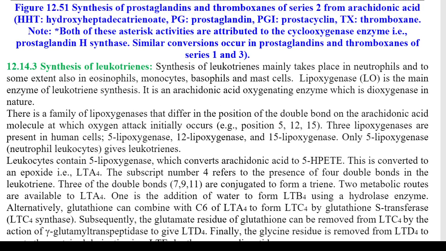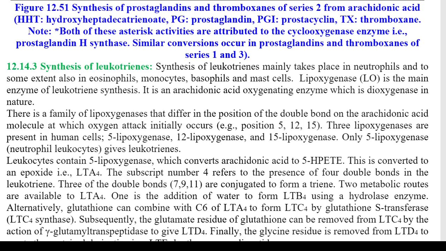There is a family of lipoxygenases that differ in the position of the double bond on the arachidonic acid molecule at which oxygen attack initially occurs, example position 5, 12, 15. 3 lipoxygenases are present in human cells: 5 lipoxygenase, 12 lipoxygenase, and 15 lipoxygenase. Only 5 lipoxygenase, in neutrophil leukocytes, gives leukotrienes.